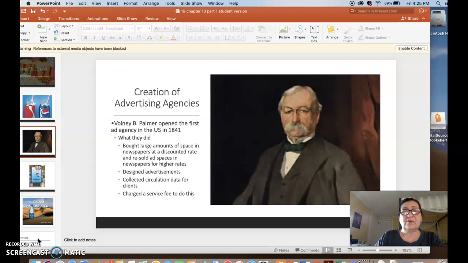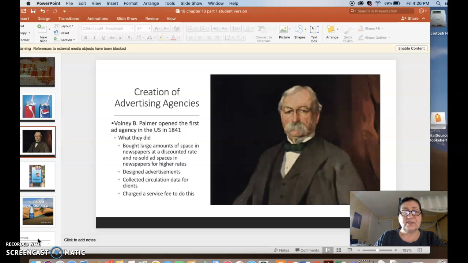Advertising agencies were created in the 19th century. Volney B. Palmer opened the first one in the US in 1841. They bought large amounts of space in newspapers at discounted rates and resold ad spaces in newspapers for higher rates, with the ads that they created.